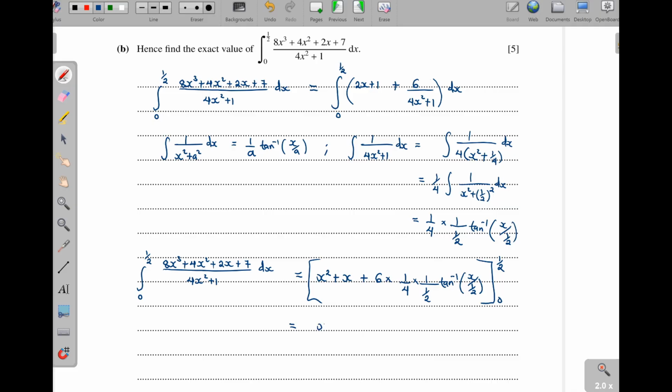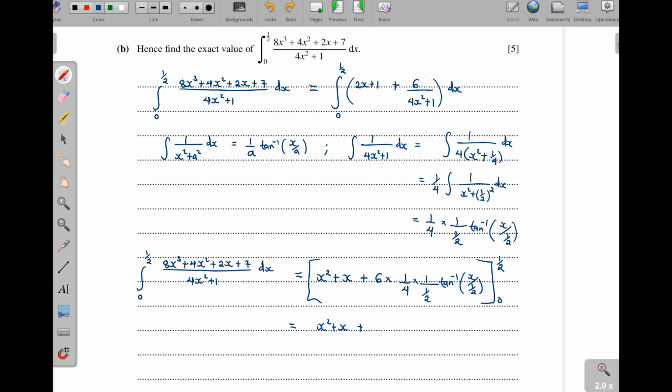But this one simplified will be x squared, then plus the x, and then plus a half of the 4. What do you get? Don't you get a 2? So we shall have 6 over 2. That will be a 3. Not so?